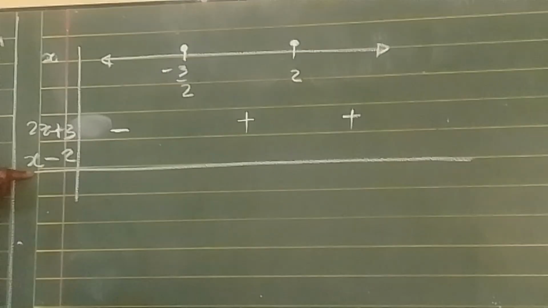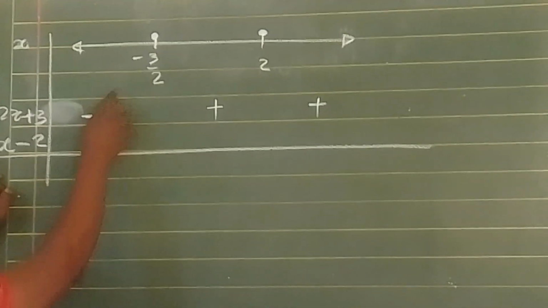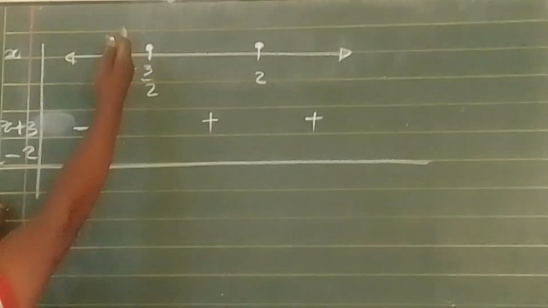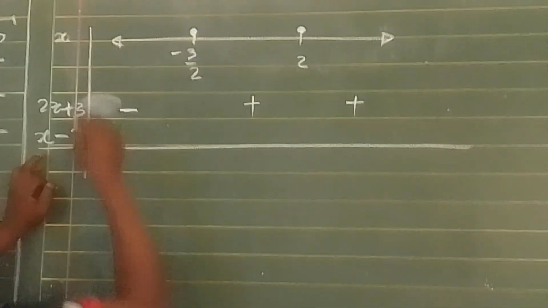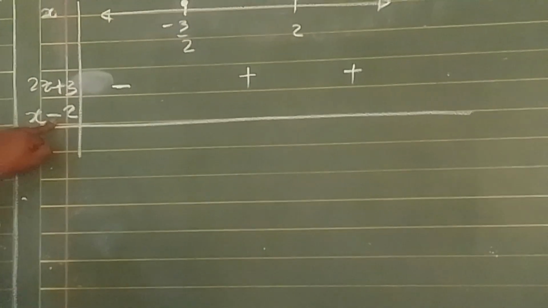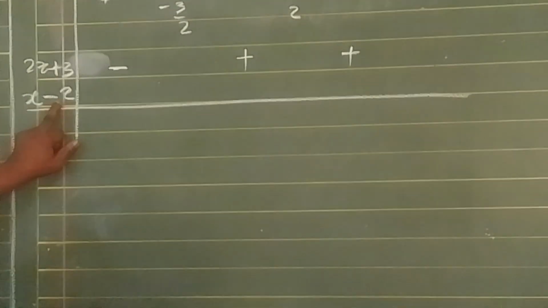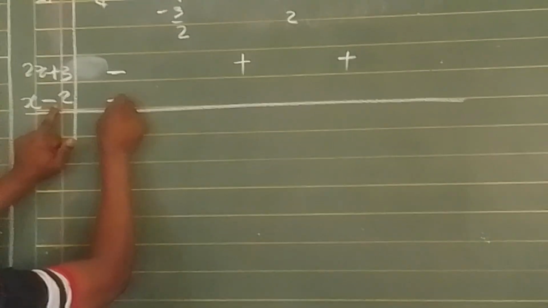9 is positive. You come to the other factor, x minus 2. We used a minus 2 first. Let's use a minus 2 here as well. A minus 2 minus 2 is minus 4. You get a negative.